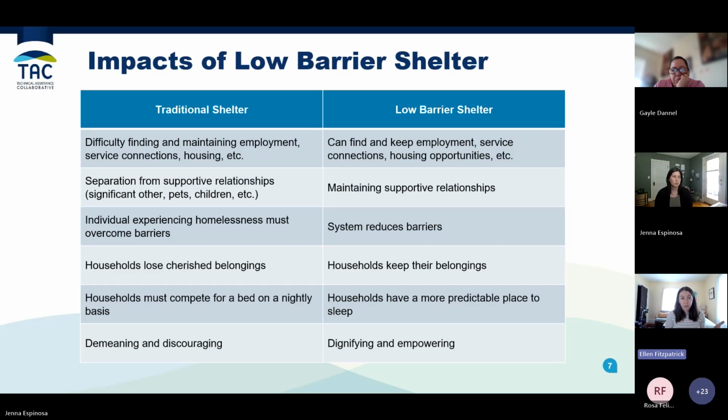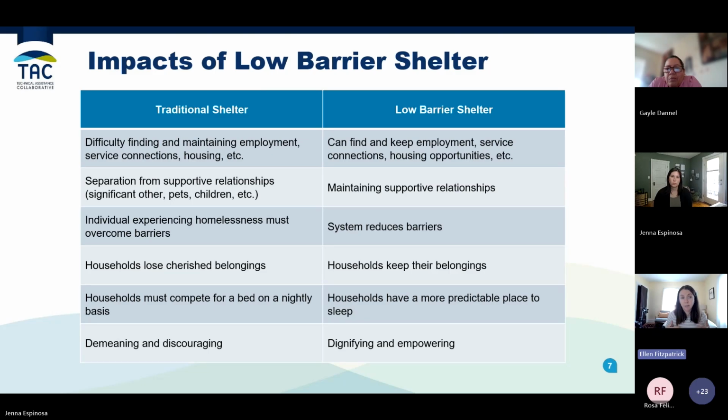In a more traditional shelter model, we're often asking the individuals who are experiencing homelessness to overcome barriers, like, for example, Ellen, you have to be sober in order to get a bed tonight.